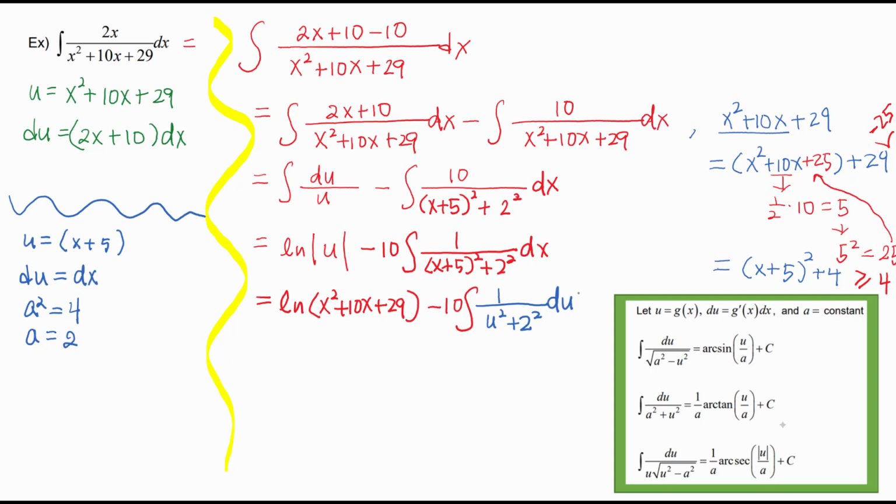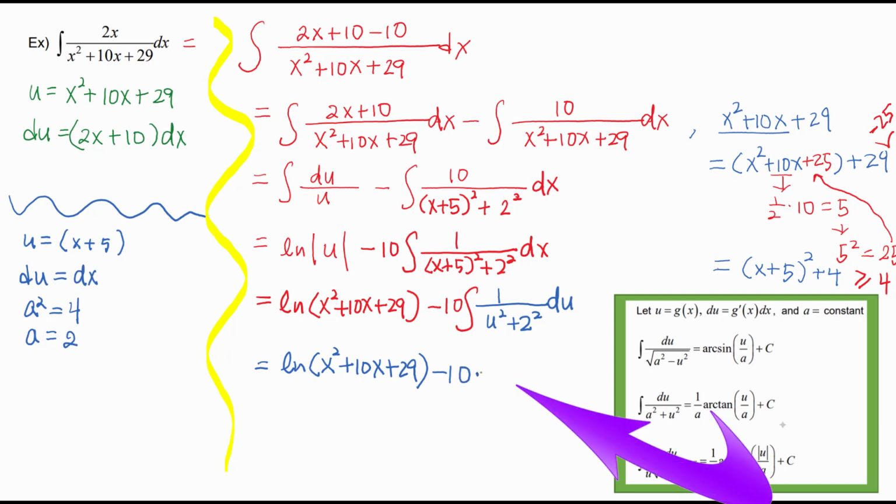So then, according to the formula, since I have an arctangent formula, my final answer is equal to ln of (x squared plus 10x plus 29), minus 10 times 1 over a, and my a is 2, arctangent of u over a, which is 2, plus c.